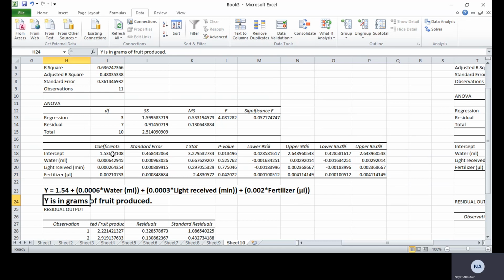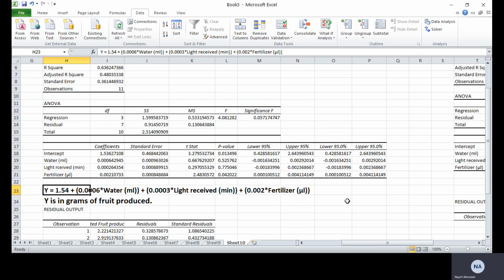Y equals 1.54, this is the intercept, plus 0.0006, and that's where you have it here, 0.0006 times the water in milliliters, plus 0.0003 times light received in minutes, and plus 0.002 times fertilizer in microliters. So this is the equation that we're going to be using later on to predict what will be the grams of fruit produced.